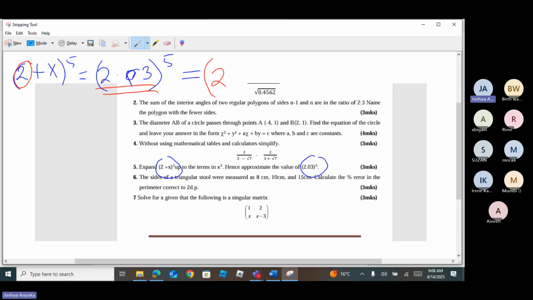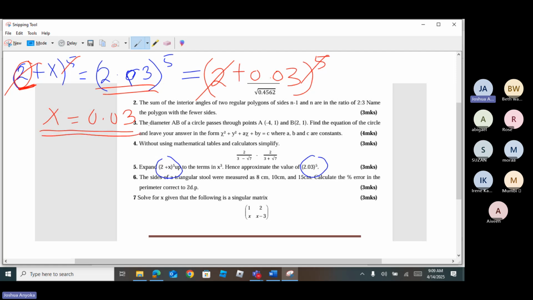Then we ask what can we do so that we get 2.03. You add 0.03, then to power 5. This 5 will cancel with this 5, 2 will cancel with this 2, so x is equal to 0.03. That's what we want to substitute in our expansion.